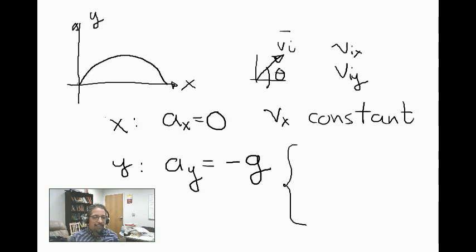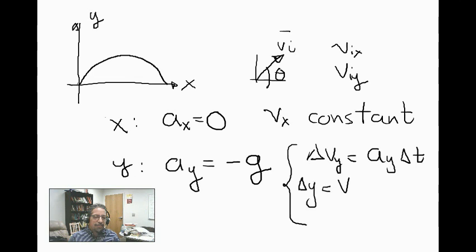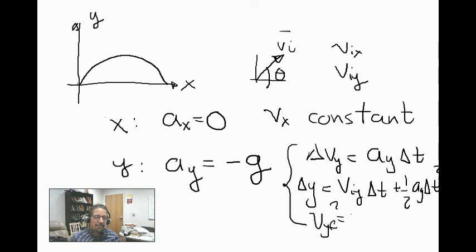And therefore, you can use the kinematics equations: delta Vy is equal to Ay delta t, and the other standard one, delta y is equal to V initial in y delta t plus 1/2 Ay delta t squared. I'm running out of space, sorry about that, but you should know that equation. And Vy final squared is Vy initial squared plus 2 Ay delta y.